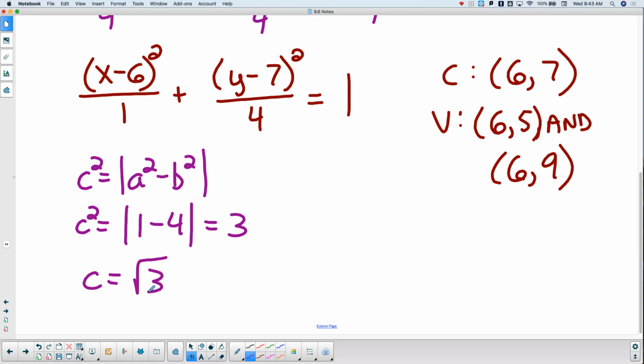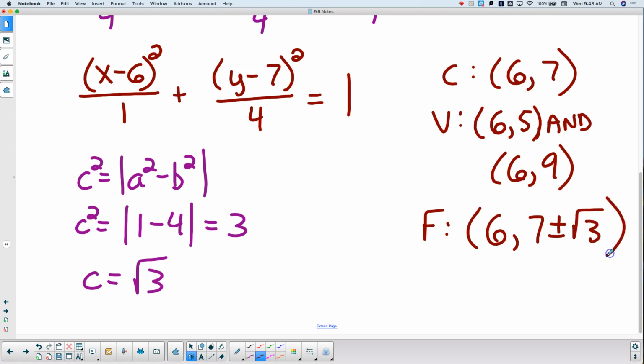Foci, are they going to be up and down, or left and right from the center? What do you got, Matthew? Up and down. So the foci are going to be at 6, 7 plus minus the square root of 3.